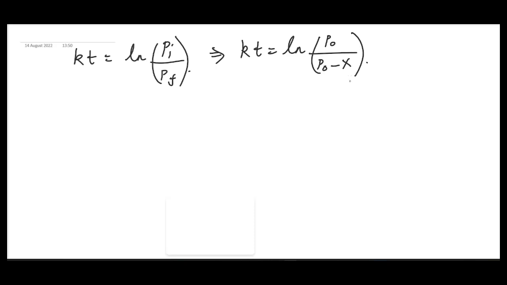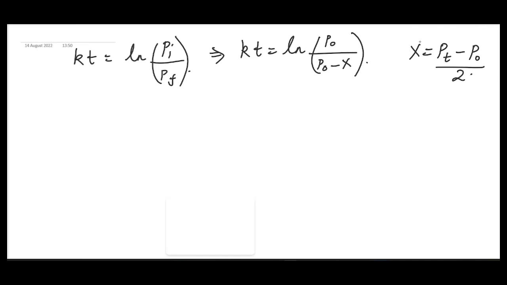Now we have already found the value of x from the first equation. x was Pt minus P naught divided by 2, because we have to relate Pt with x somehow. That's why we derived the value of x first.